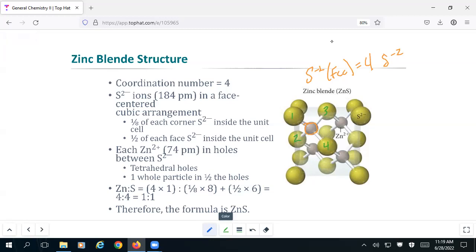Now, those tetrahedral holes are all inside the interior body of the unit cell. So we can see that there are 4 zinc ions inside that body of the unit cell, which match the 4 making up the actual construction of the cell. So a 4-to-4 ratio, same as a 1-to-1 ratio. Zinc blend would be ZnS, which is exactly what we would expect based off of its charge.